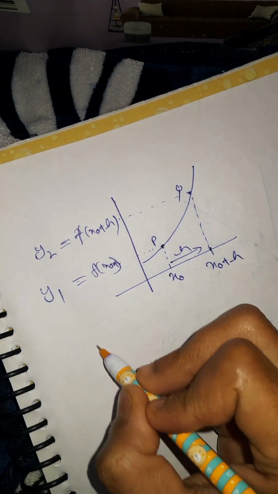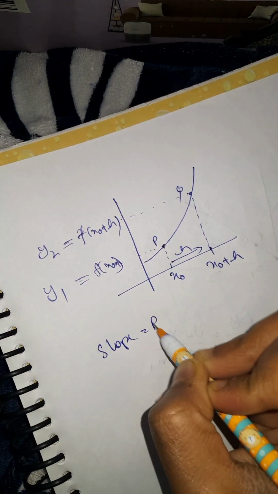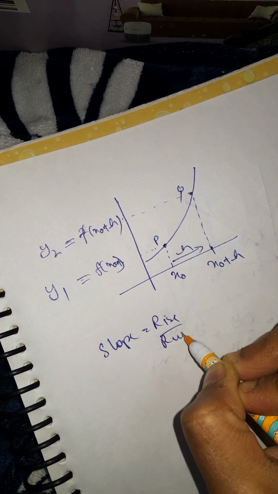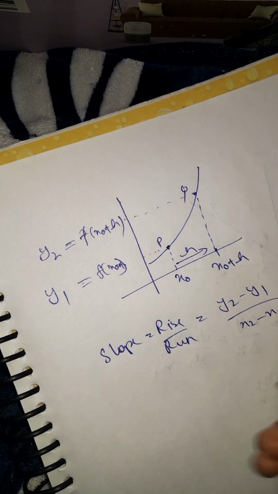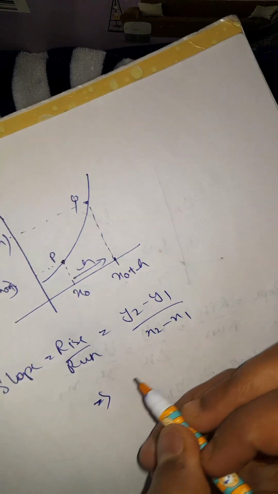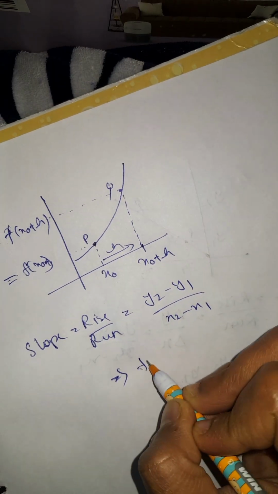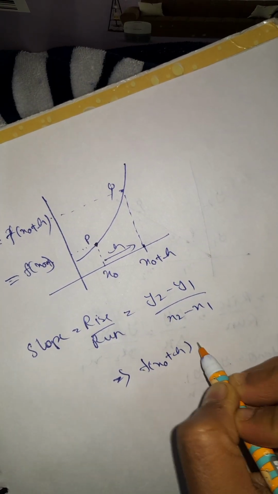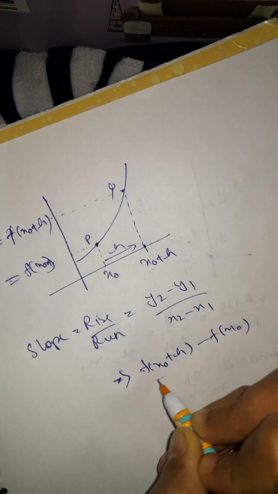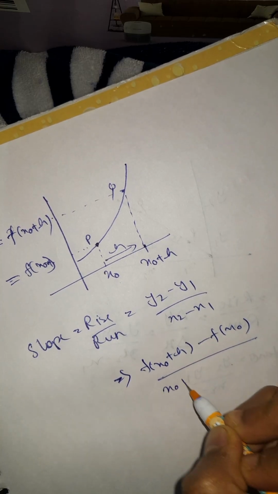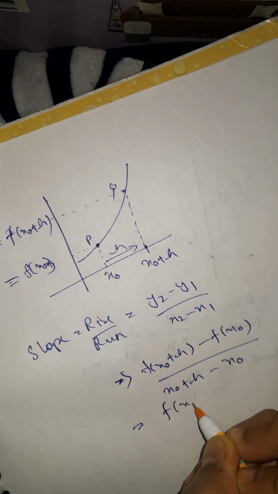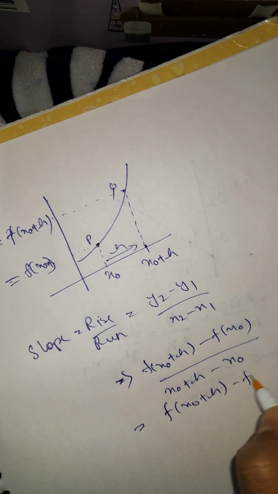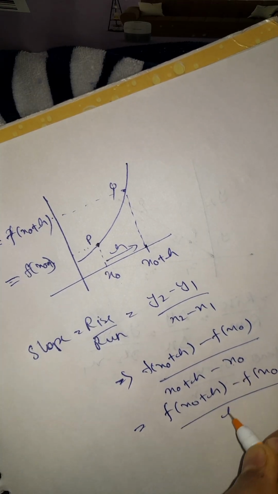So now if you apply the slope formula here, the rise upon run, it will be y2 minus y1 upon x2 minus x1. Here y2 is f(x0 plus h) minus f(x0), upon x2 which is x0 plus h minus x0, and at the end we'll get f(x0 plus h) minus f(x0) upon h.